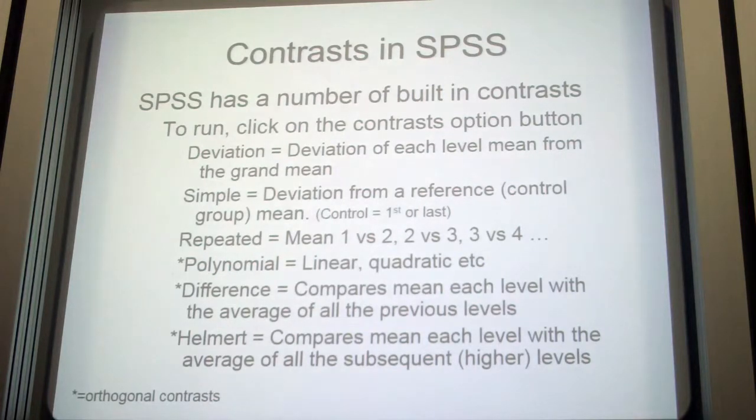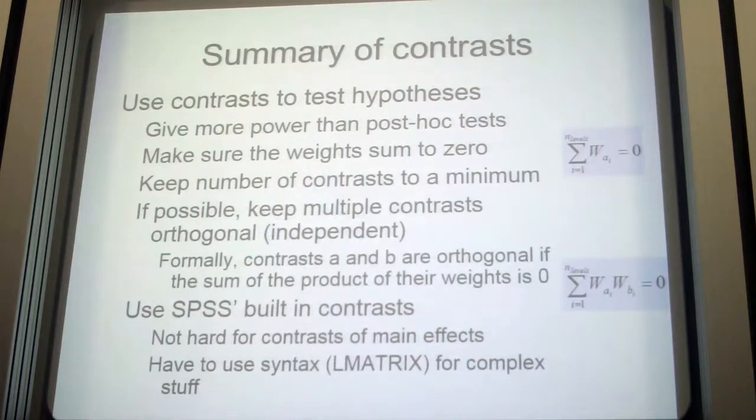In general, you'll find that you actually want to do just the very specific one that you've set up. The theory says a measure will equal some other combination, and that's the only one you set up and have to do. So we can use contrasts to test our hypotheses. They actually give more power than the post-hoc tests.